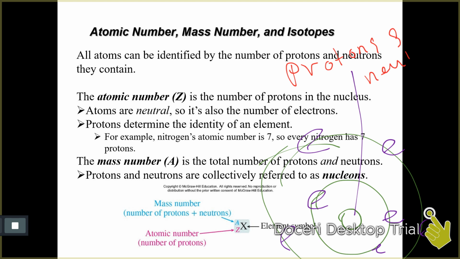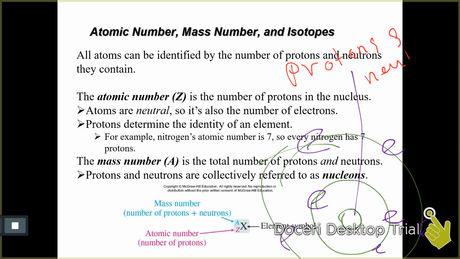The atomic number is the number of protons in an element, and the mass number is the total number of protons and neutrons, because in the nucleus you have two subatomic particles, protons and neutrons. The protons and neutrons in a nucleus together we call the mass number.